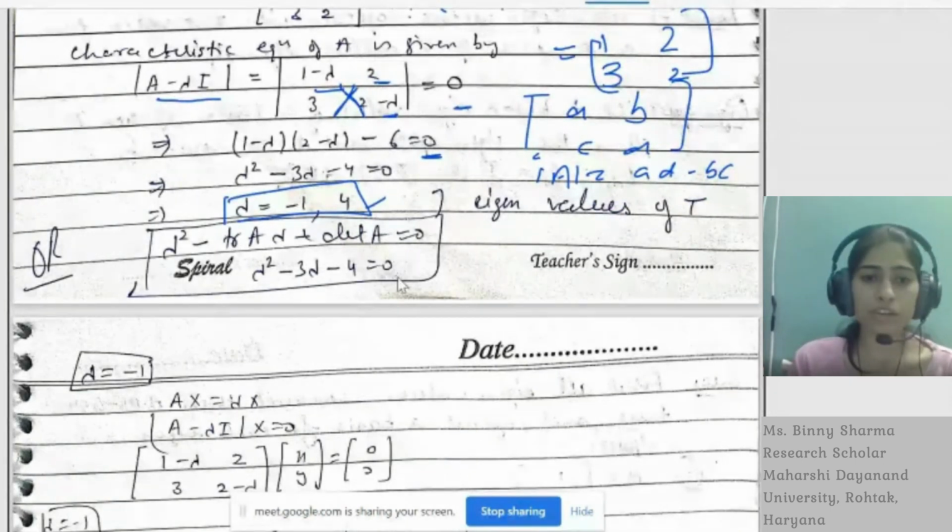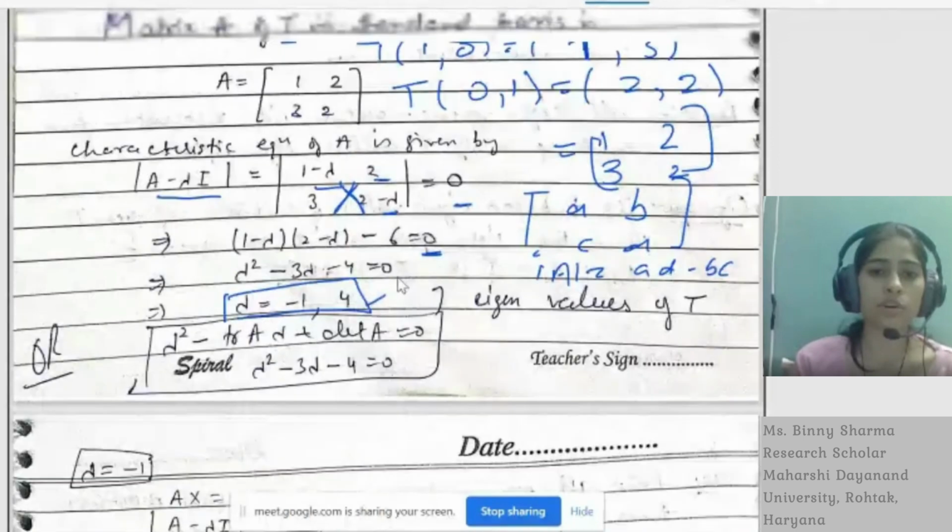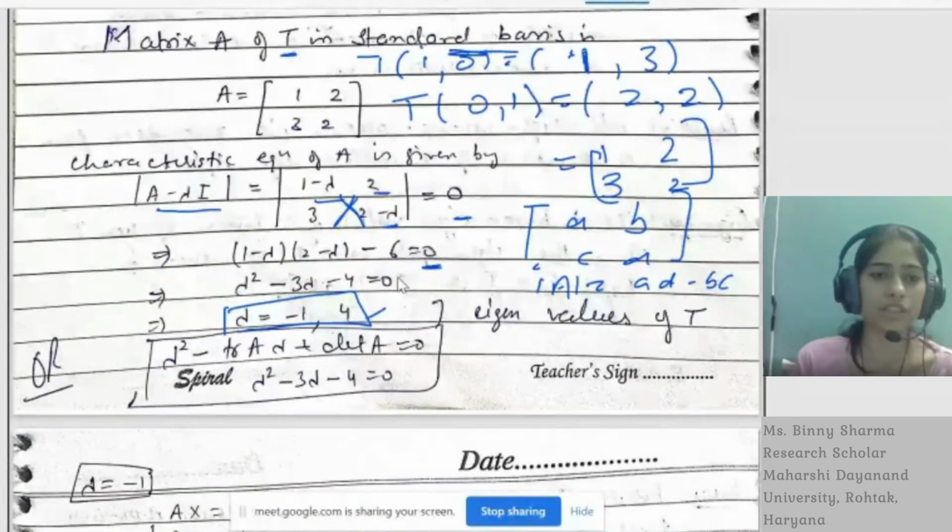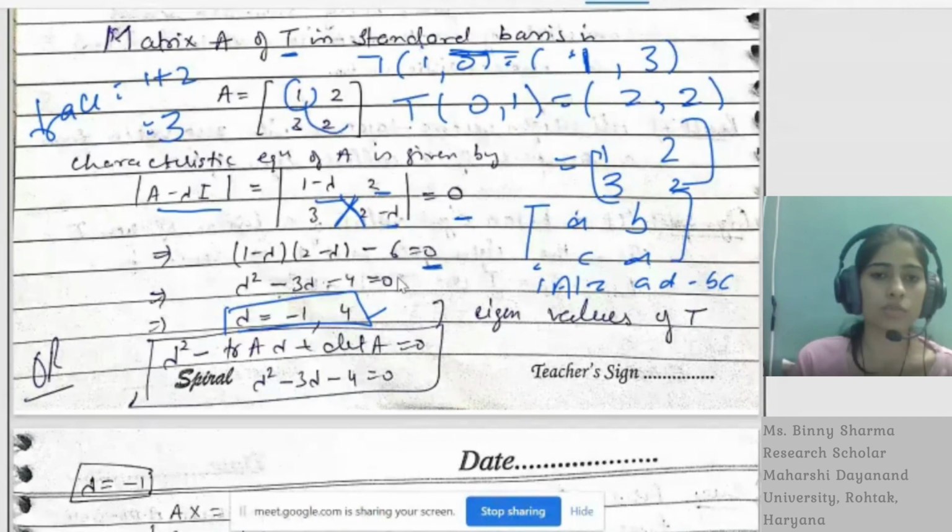I have just told you that for a 2 cross 2 matrix, we can simply apply this equation: lambda square minus trace. Trace means sum of diagonal elements. 1 plus 2, that is 3. The sum of these elements is known as the trace.